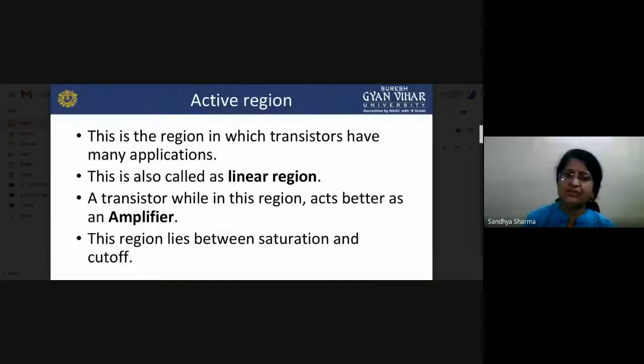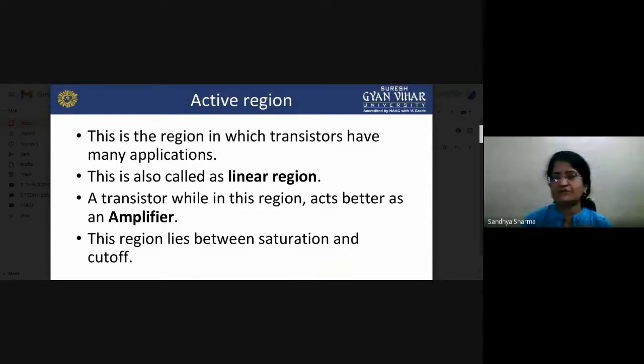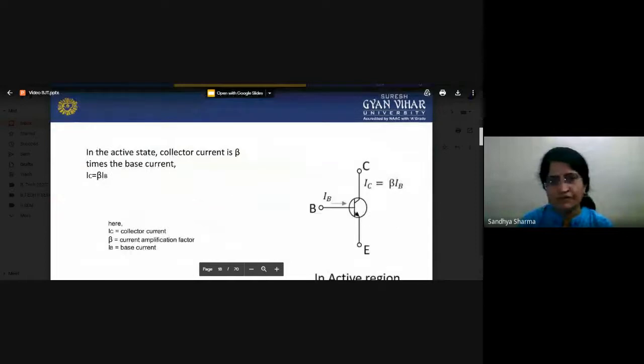So what is the basic requirement for a transistor to work as an amplifier? The emitter junction should be forward biased and the collector junction should be reverse biased. The active region is between the saturation region and cutoff. Now we will see with this diagram and explain it better.